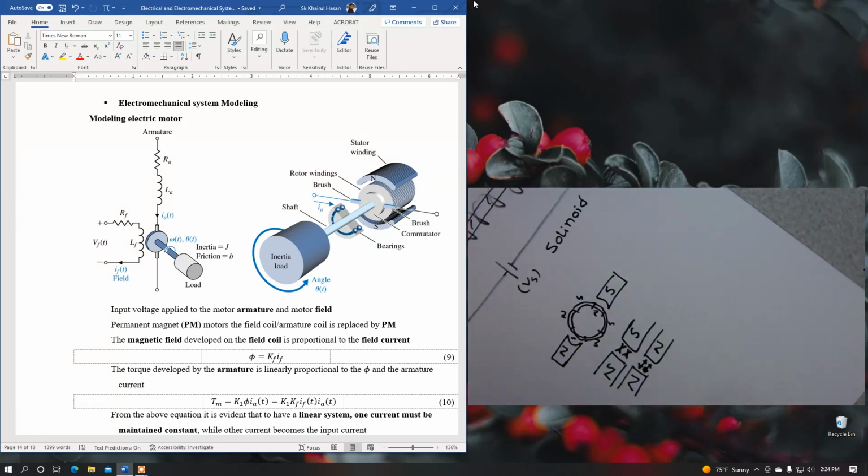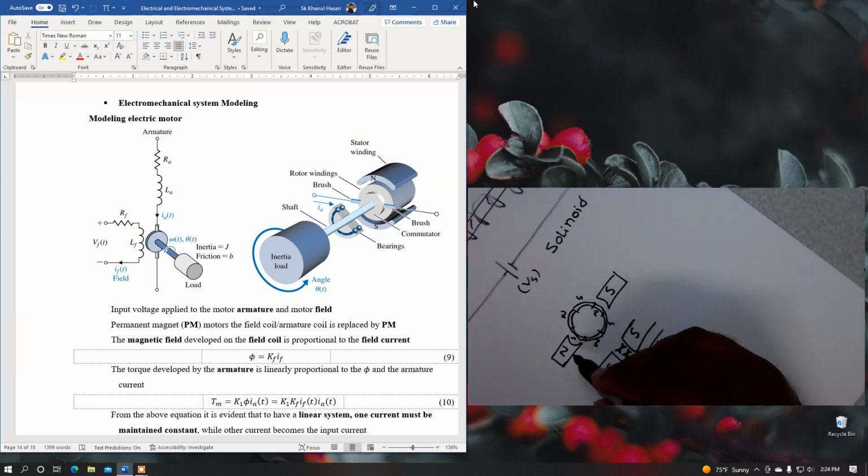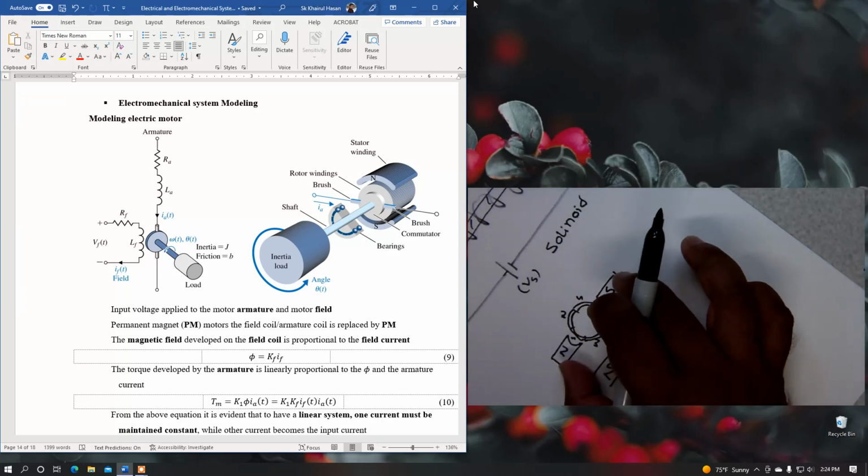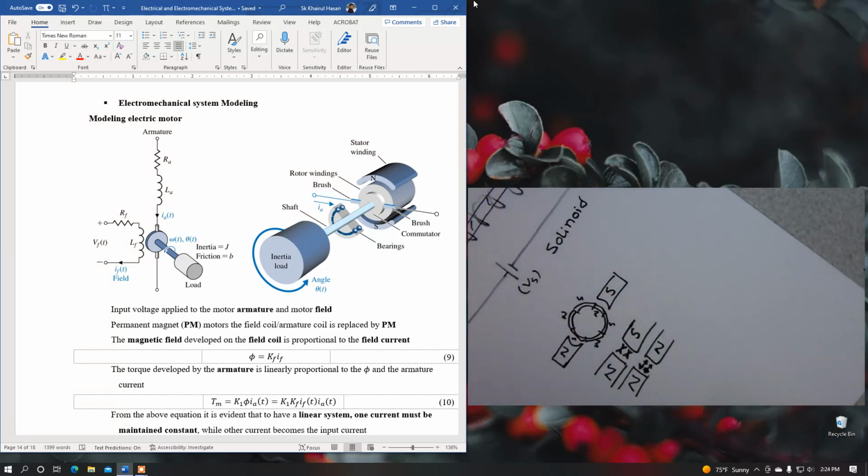Often we say brush motor and brushless motor. The principle I was talking about is that we continuously alternate the field coil or magnetic field, and as a result the motor rotates. So that's how the motor works.